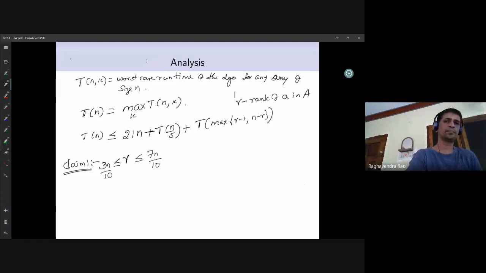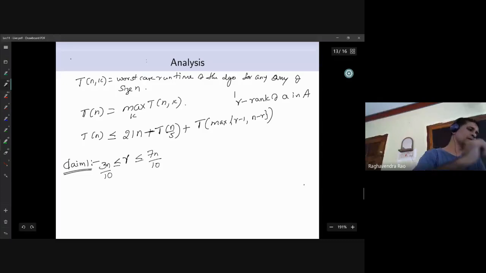So the rank of our pivot, which is the median of medians, is bounded below by 3n by 10 and above by 7n by 10.